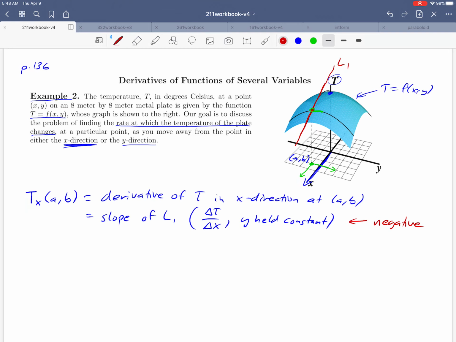You can see that if you draw a tangent line, it would look like maybe that, just very slightly going up. The slope of that line would be what we'd call the derivative of T in the y direction. So let's write that down.